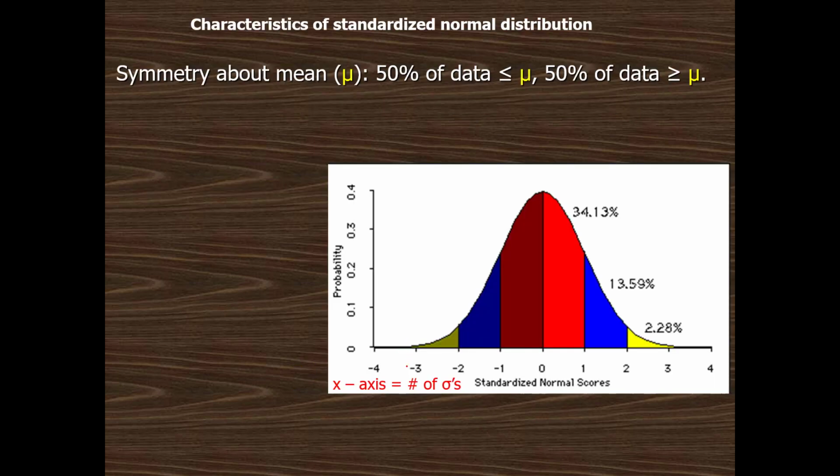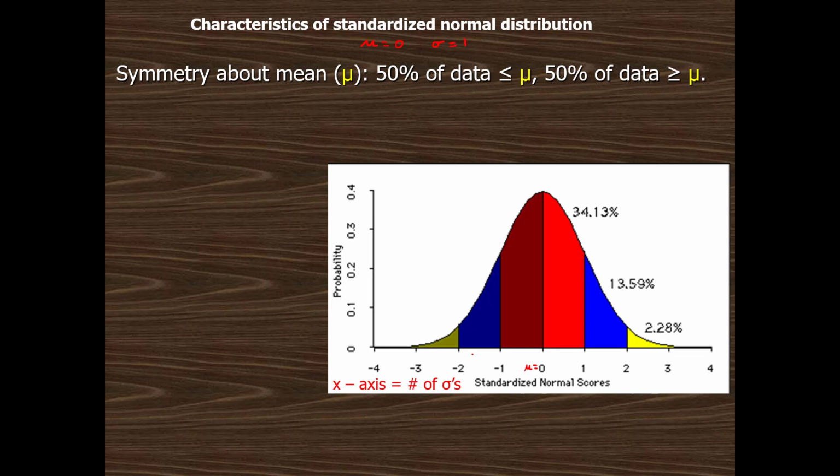Characteristics of the standard normal distribution. Symmetry about the mean. We looked at that already. So here's the mean. Mu equals 0. So remember, standardized normal distribution, we set mu equals 0 and sigma equals 1.